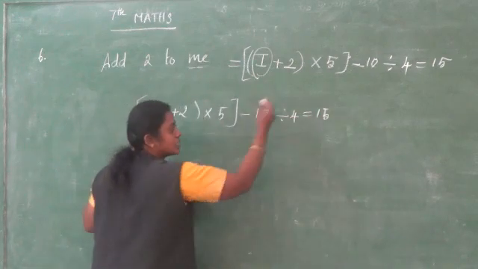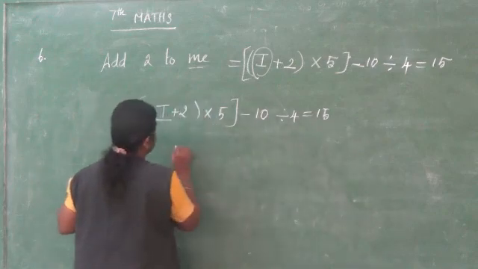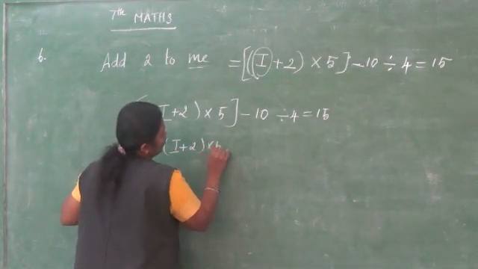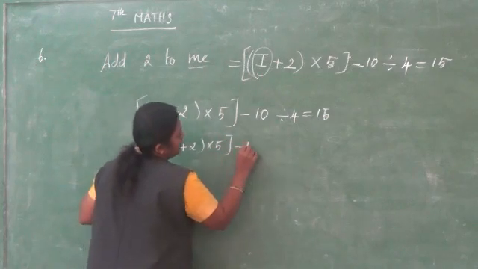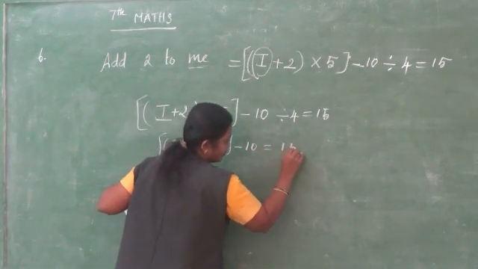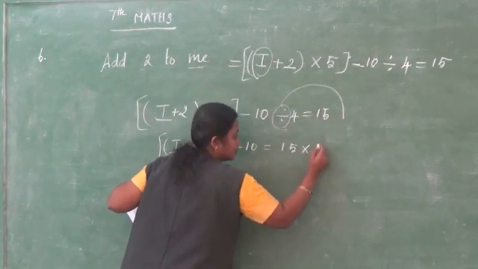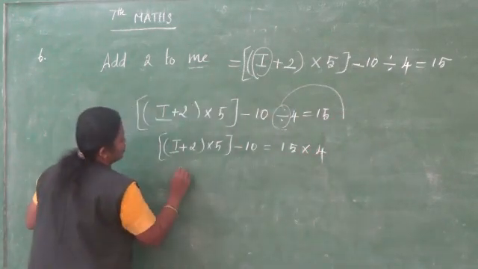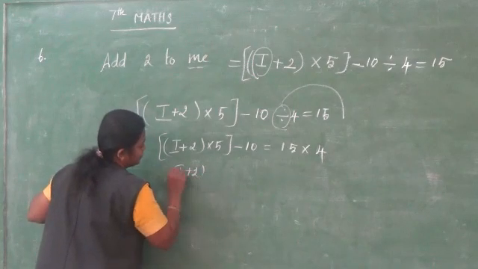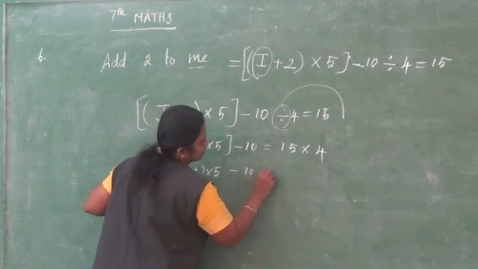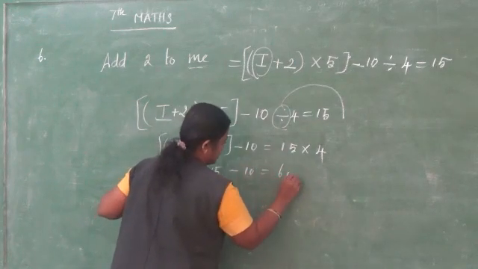Division, it goes on that side, it will be multiplication. So I plus 2 into 5 minus 10 equal to 15 into 4. 15 fours are 60.